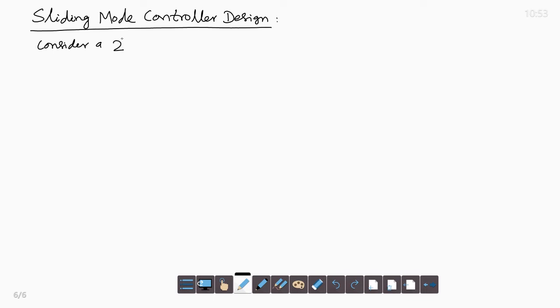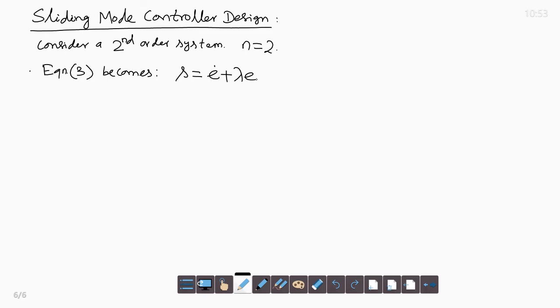Consider a second order system. Most of the drives, DC drives, come under this. So n equals 2, second order system. So equation 3 becomes s equals e dot plus lambda e. This is equation 5.